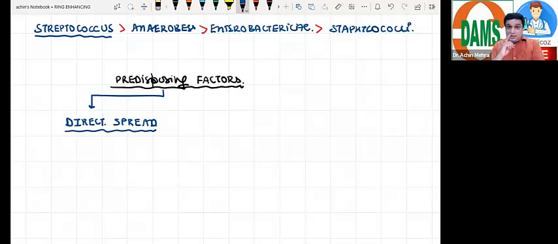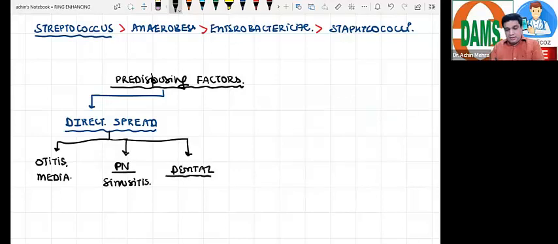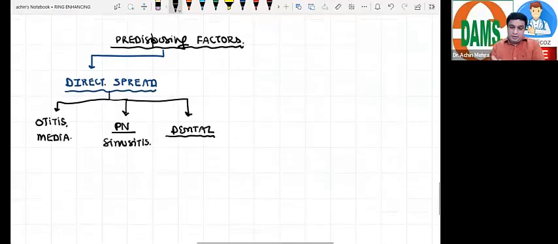Obviously from the ear, the nasal sinus and the dental area. So direct spread can be from the ear, the otitis media. Second, the paranasal sinusitis. And third could be a dental infection.